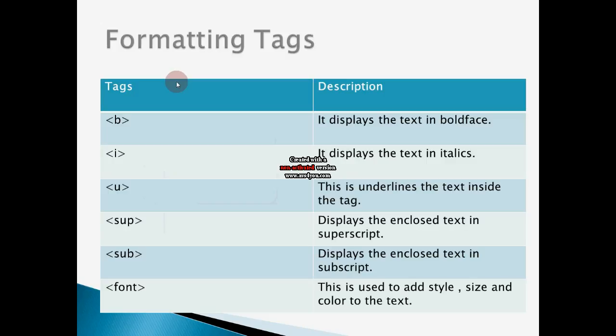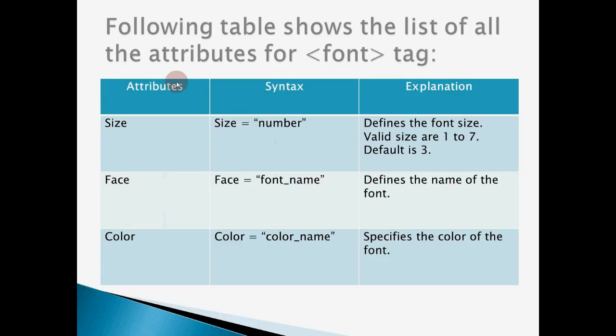Next is sup. Sup displays the enclosed text in superscript. Next, sub displays the enclosed text in subscript. Now finally is font. This is used to add style, size, and color to the text. It has some attributes. These are: first is size, second is face, third is color.